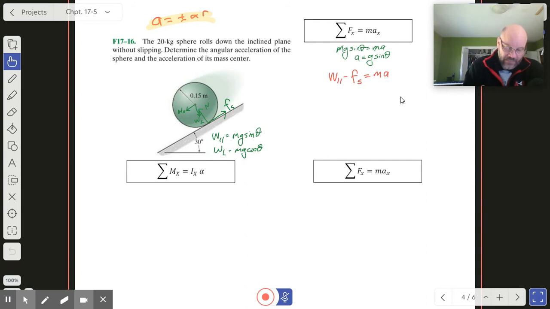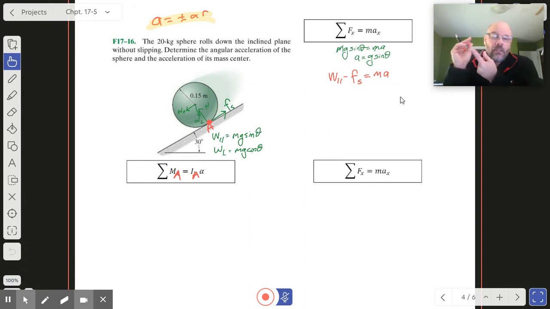And it's going to be best to put alpha here. So when we sum the moments, and let me call that point A, then we get no moment contribution from that frictional force, which we don't know anyway. So let's turn all these into little sub A's, just like that, and we're going to be good to go.